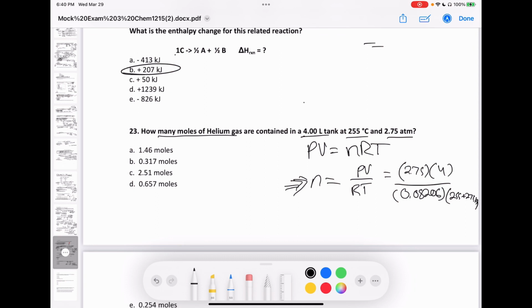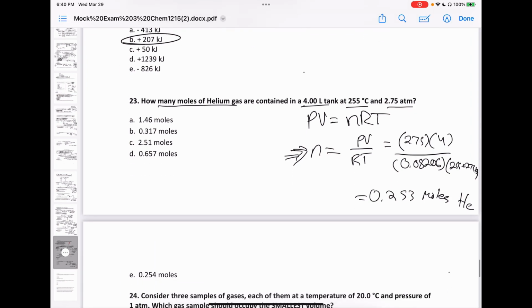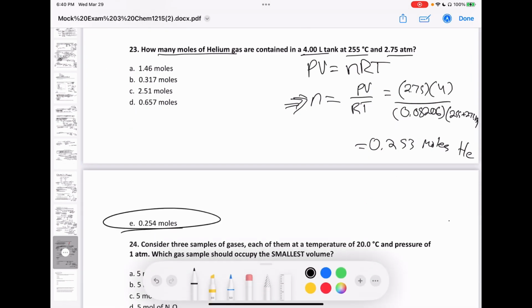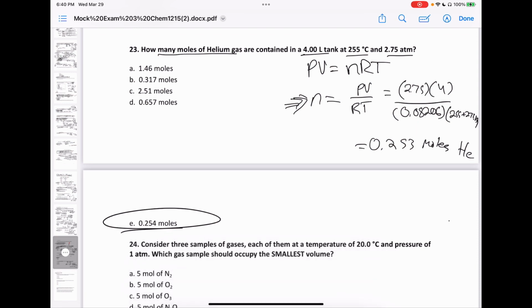So whenever we do these calculations, we get that there are 0.253 moles of helium gas, which it's kind of hard to see, but it's answer choice E right here. So yeah, easy.